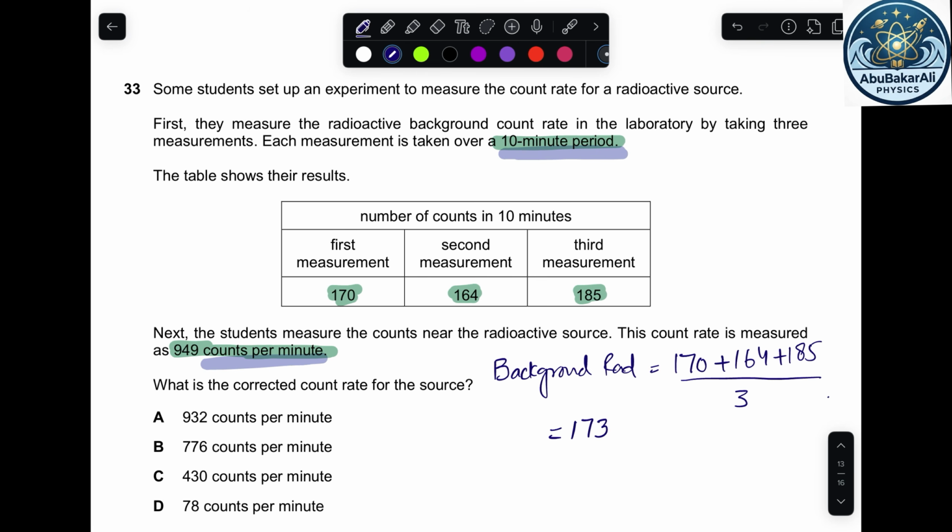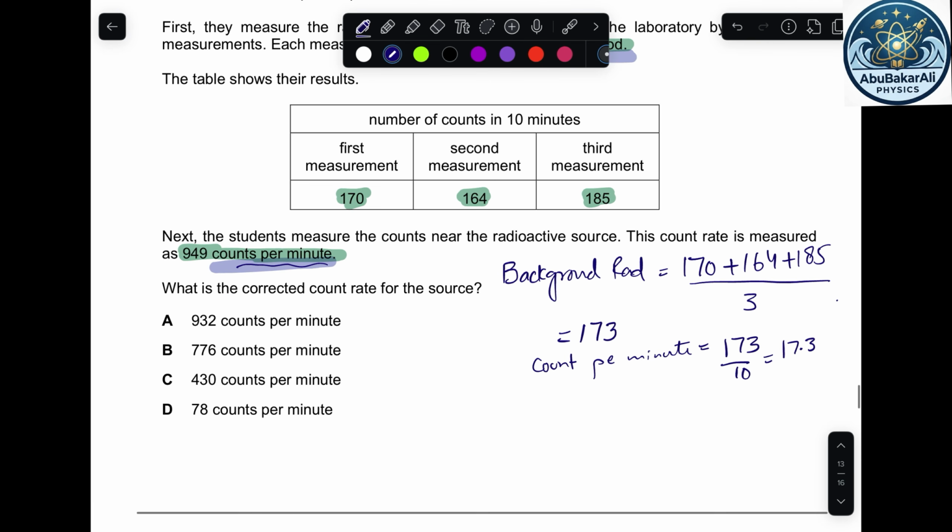This is counts per 10 minutes. Okay, I need counts per minute. So for 1 minute, the count per minute will be 173 divided by 10. So that will be 17.3.